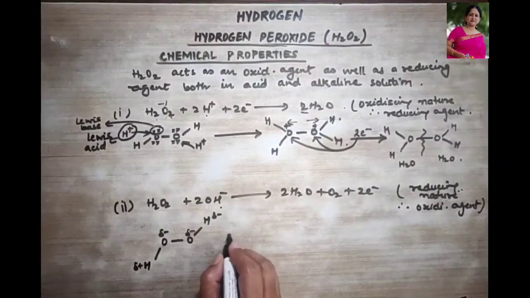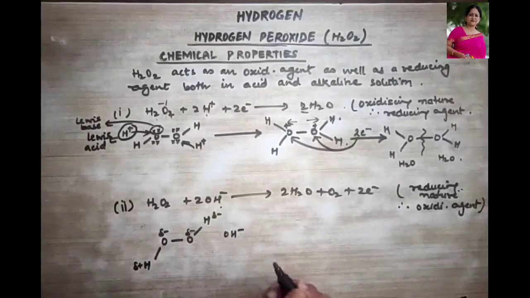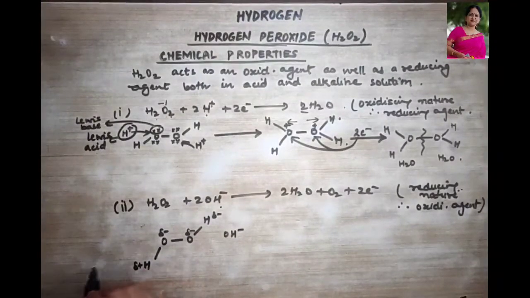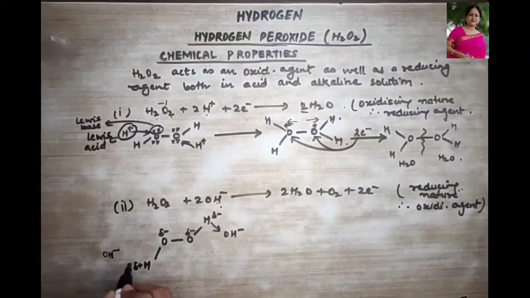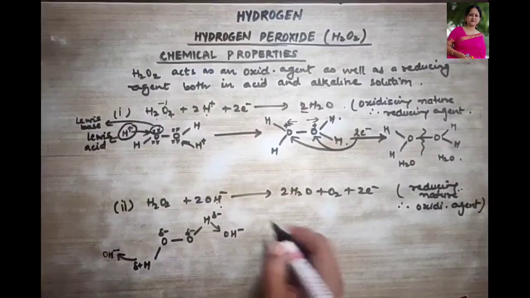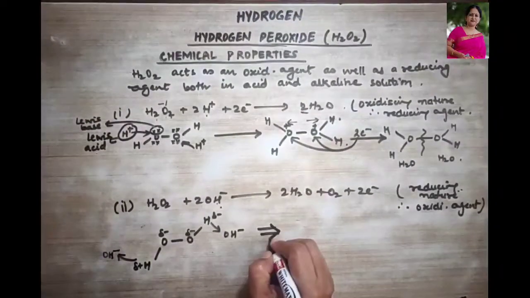Okay. So over here the OH ion is there, and over here also an OH ion, two hydroxyl ions are there, remember. So this hydrogen goes away to this hydroxyl ion, and the other hydrogen goes away to the other hydroxyl ion. Okay. And thus what do we obtain?